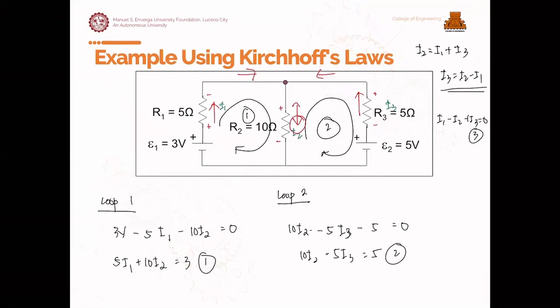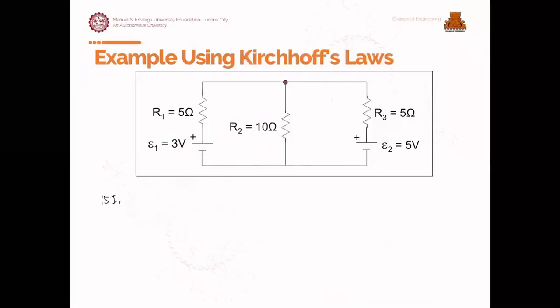So, pag change natin to, so 5I1 plus 10 times I1 plus I3 equals to 3. So, this can be 15I1 plus 10I3 equals to 3. So, lagay natin to dito. 15I1 plus 10I3 equals to 3.